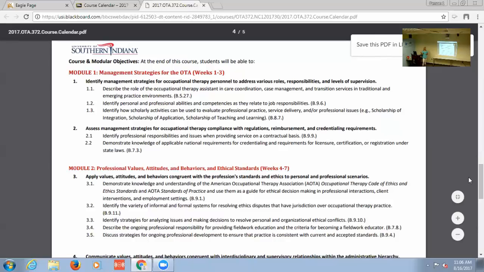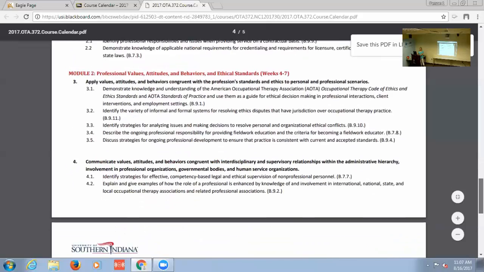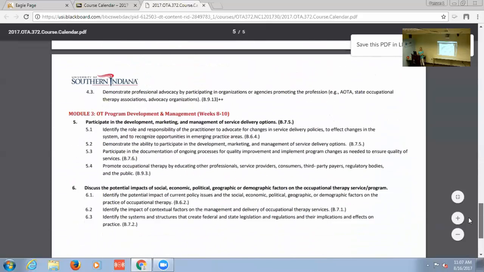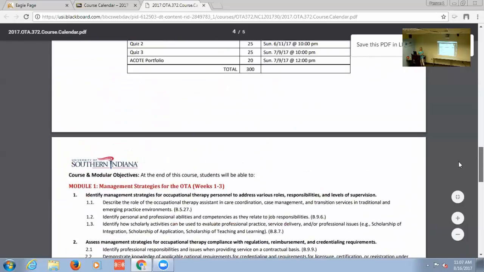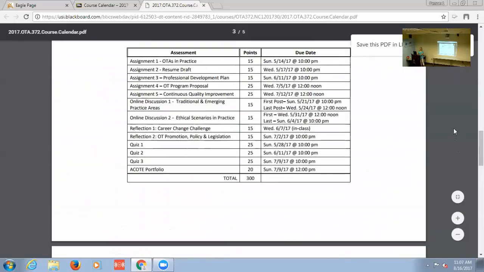I got some good feedback on the course evaluations that they liked that this complex puzzle was organized for them a little bit. Those were the objectives we created based on the accreditation standards.